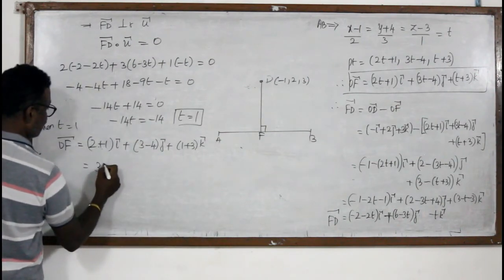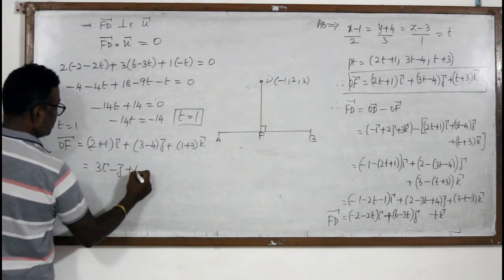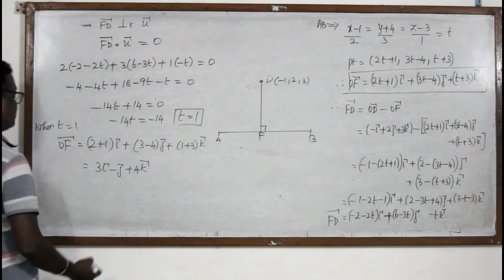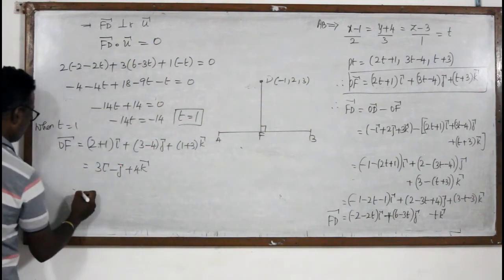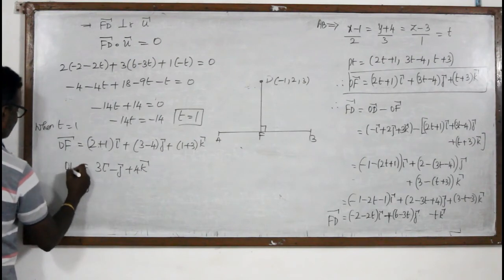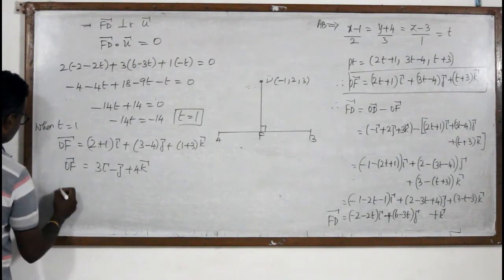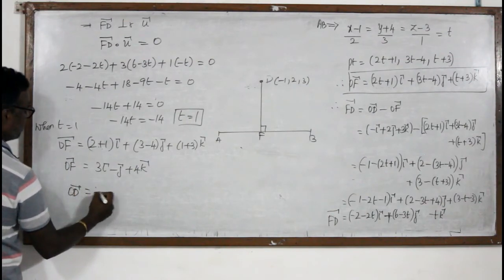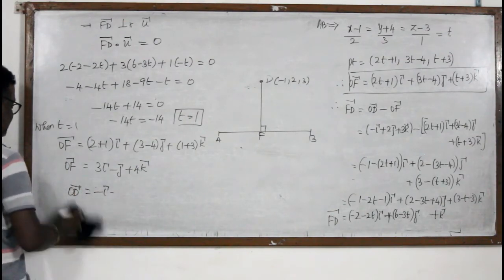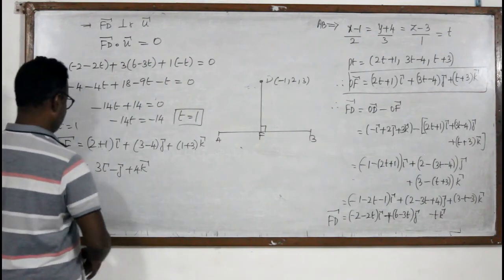It is 3i minus j plus 4k. So I have OF and OD. Therefore, this is the OF vector, and OD vector is minus i plus 2j plus 3k. Now I found the OF vector, that's all.